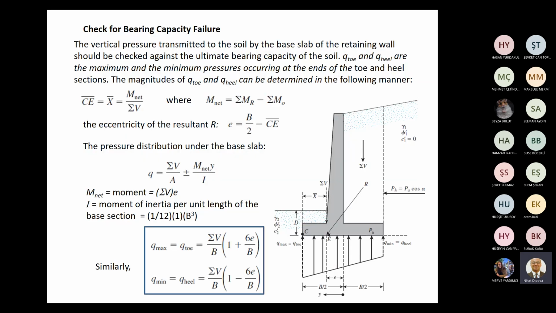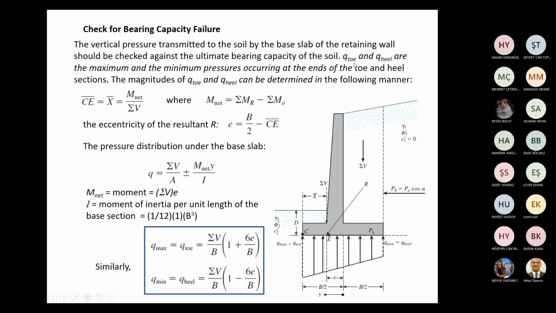Check for bearing capacity. The vertical pressure transmitted to the soil by the base slab of the retaining wall should be checked against the ultimate bearing capacity of the soil. But as you expect, the stress distribution under the base of the wall will not be uniform.